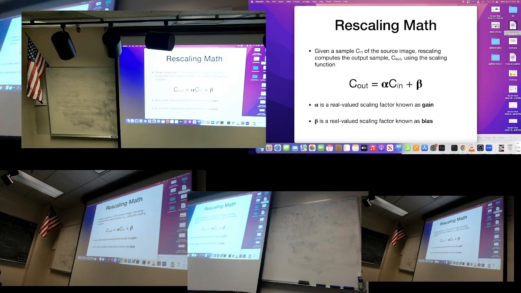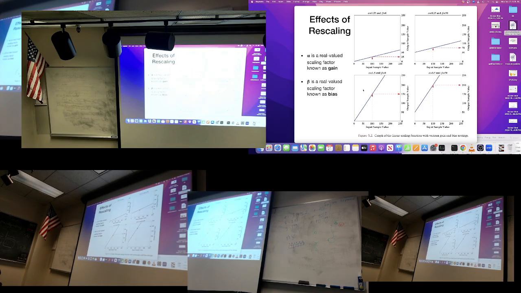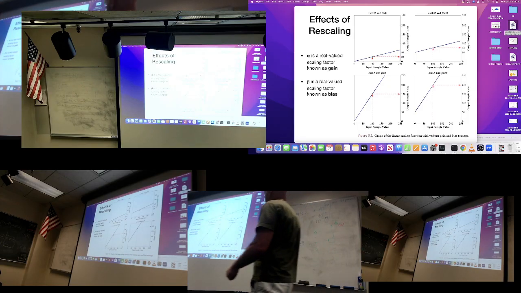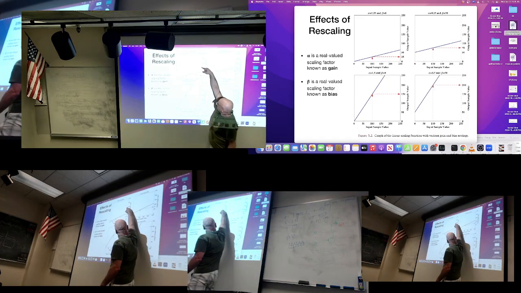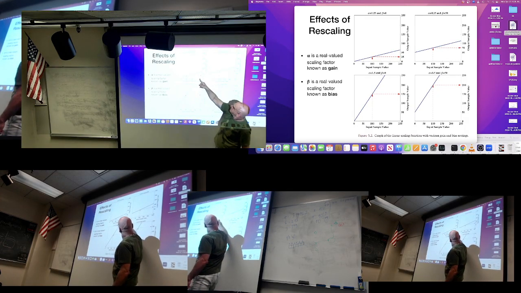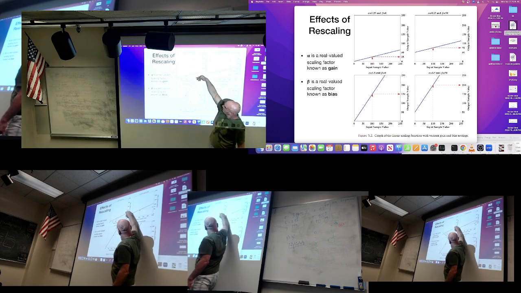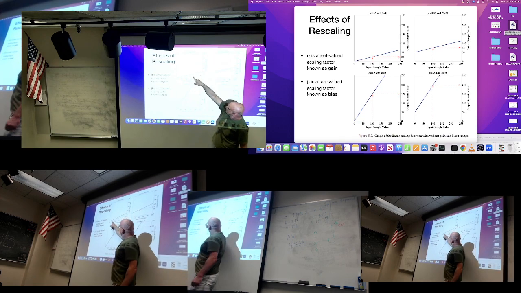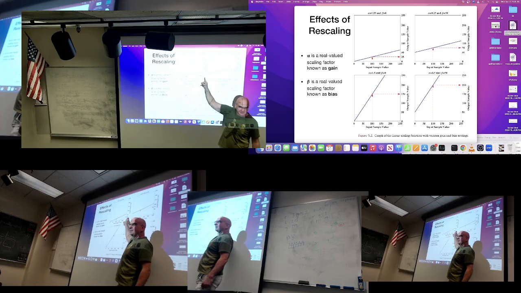Okay, that's the simplest. Just do linear transformations of intensities. By itself, not that useful, but a bit useful. Why do I need two parameters? Because my input intensities are all the way from here to here. What's the problem with this image?